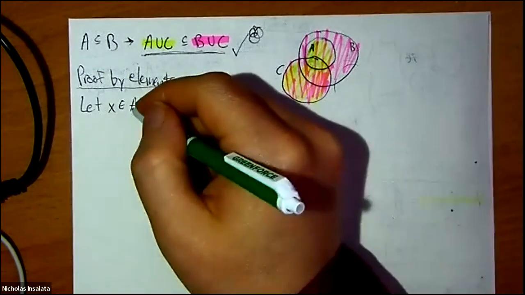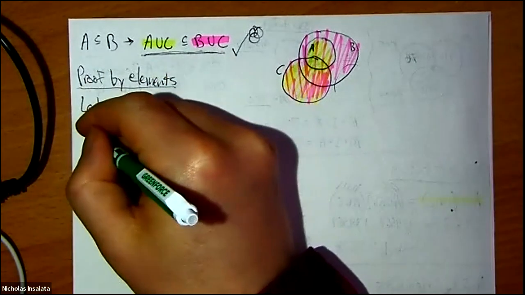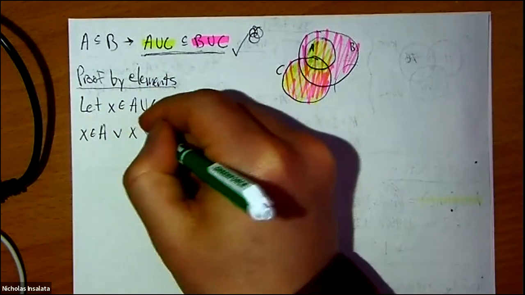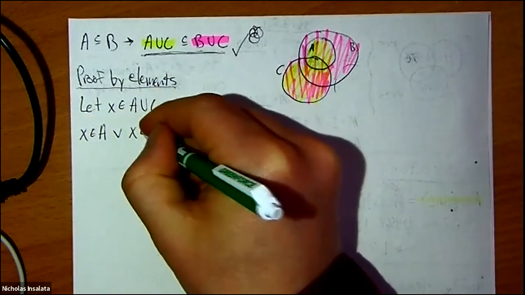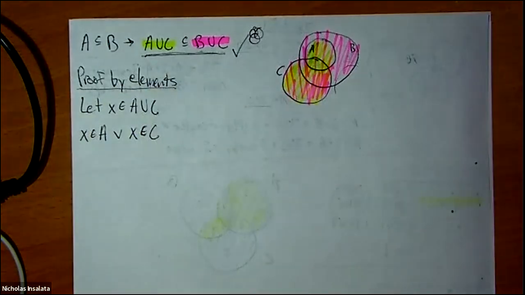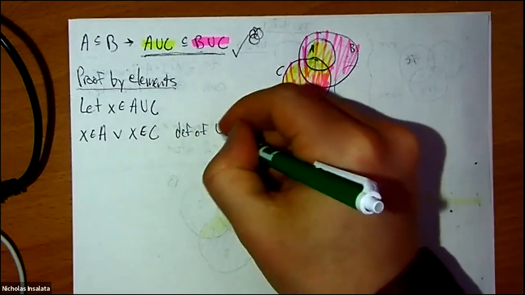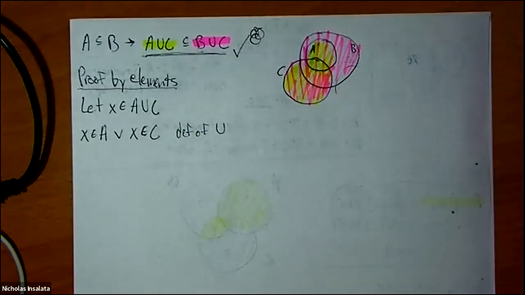So that's going to say that X is an element of A or X is an element of C, by definition of union. Okay, so now what do I do?